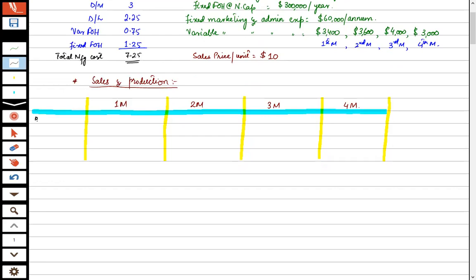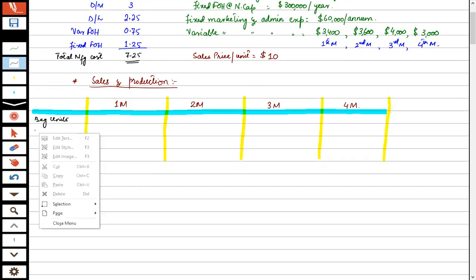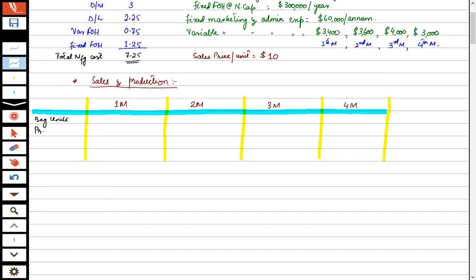Beginning units, units produced, units sold, and ending inventory. If ending inventory isn't given, we can calculate it: beginning plus produced minus units sold.